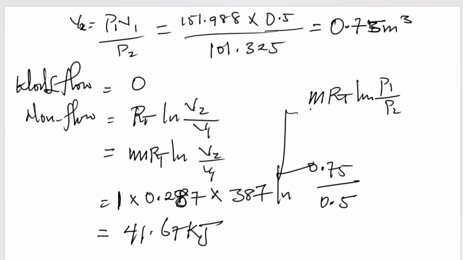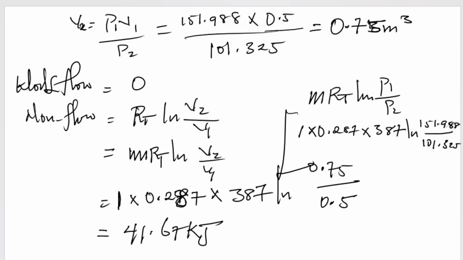So if you input the values, we'll simply have 1 multiplied by 0.287 multiplied by your T, which would be 358, right? So we have this to be ln P1 over P2. Remember, our P1 was 151.988, divided by P2, which was given to be 101.325.